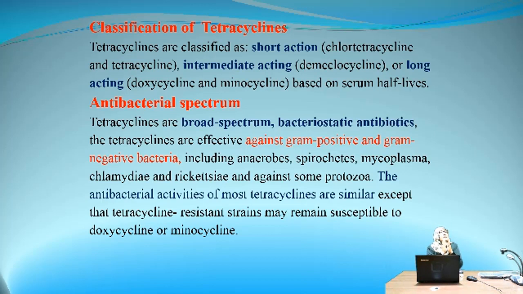So, according to the serum half-lives, we can classify them as: number 1, short acting, which includes chlortetracycline and tetracycline; number 2, intermediate acting, which includes demeclocycline; number 3, long acting tetracyclines, such as doxycycline and minocycline.